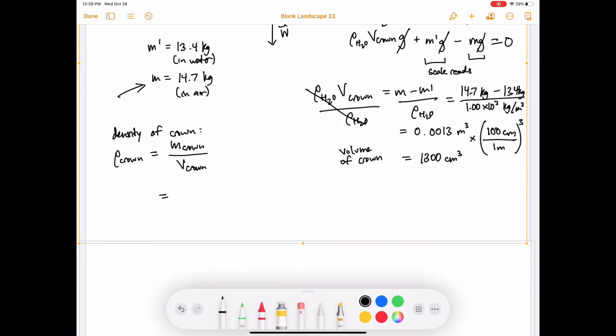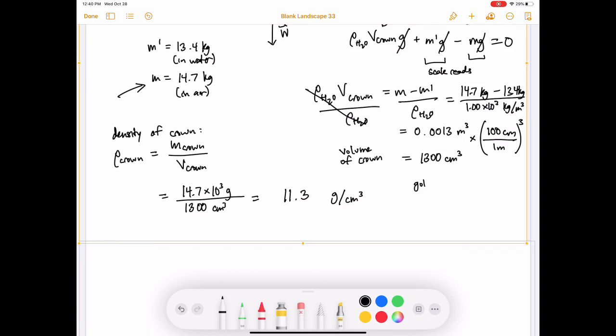Remember, when we weigh the crown in air, it's actually telling us the correct weight. So we have 14.7 kilograms, which is 10 to the 3 grams. So 14.7 times 10 to the 3 would be the mass in grams. And then if we divide out the volume, 1,300 centimeters cubed, now we have the density. The units are grams per centimeters cubed. So if you calculate that number, it comes out to 11.3 grams per cubic centimeter.